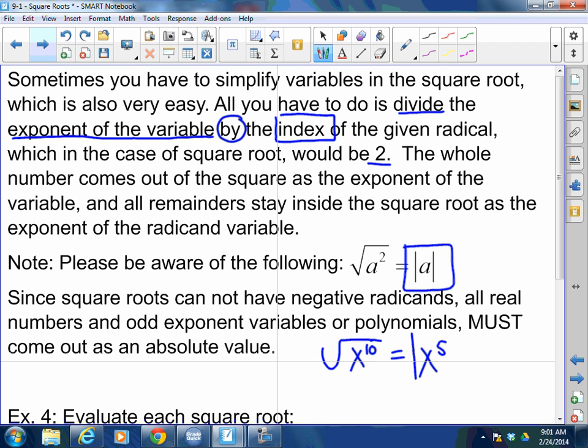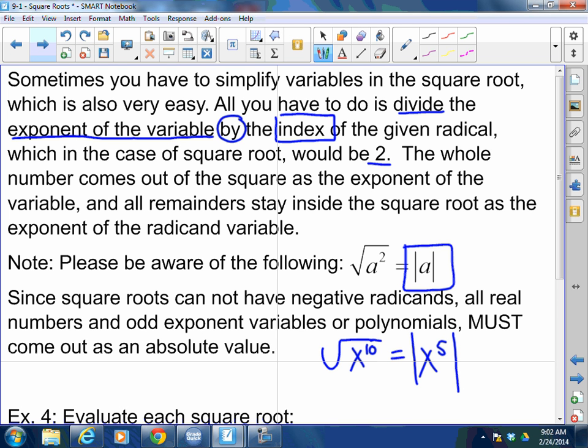Yes, so it must come out in absolute value, because if it's an odd exponent, it can be negative, and you are not allowed negative variables or numbers inside of a square root. So if you pull out an odd variable or an odd powered polynomial, it must come out in absolute value.